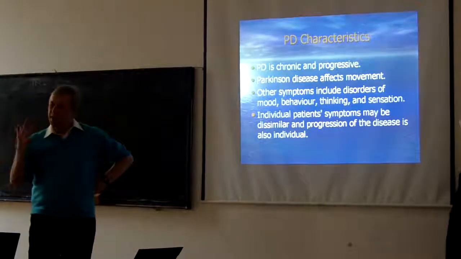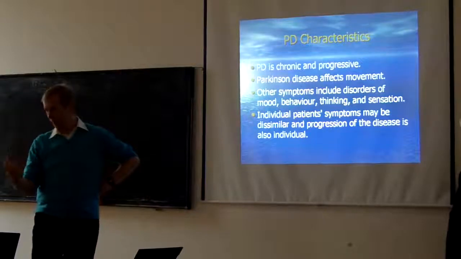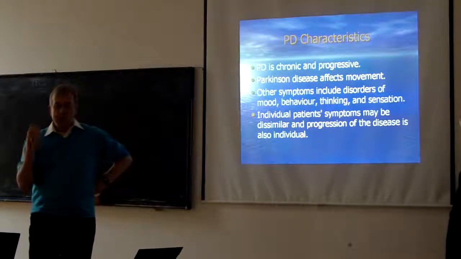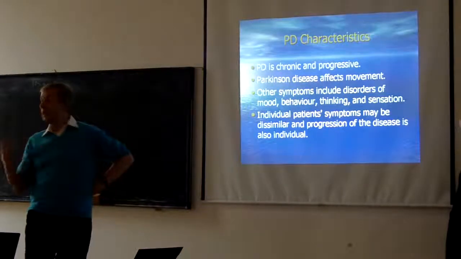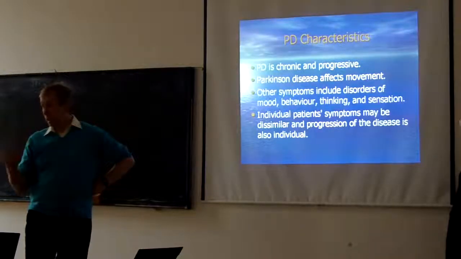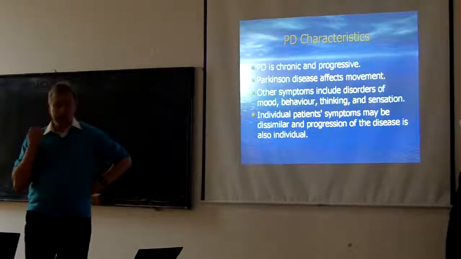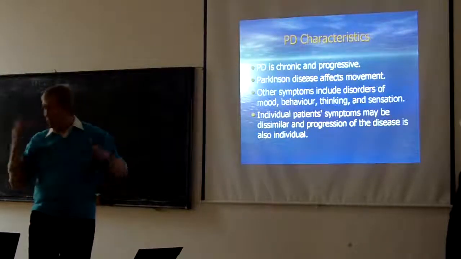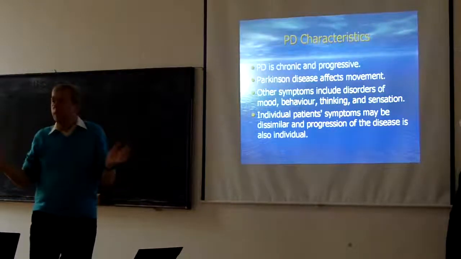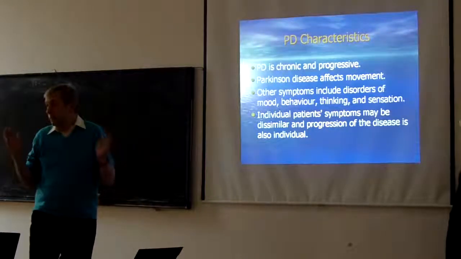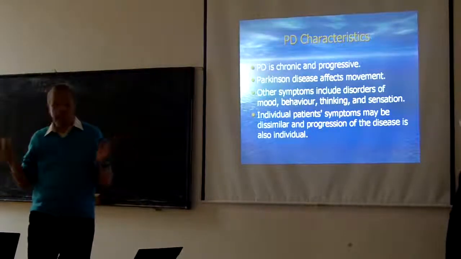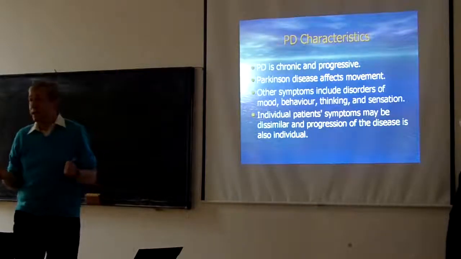So it is generally an older person's disease, which means that it's on the increase. More people are affected by Parkinson's disease now than used to be. That doesn't mean it's catching; it means that more people are living longer, to be older, and hence more people are getting Parkinson's disease.